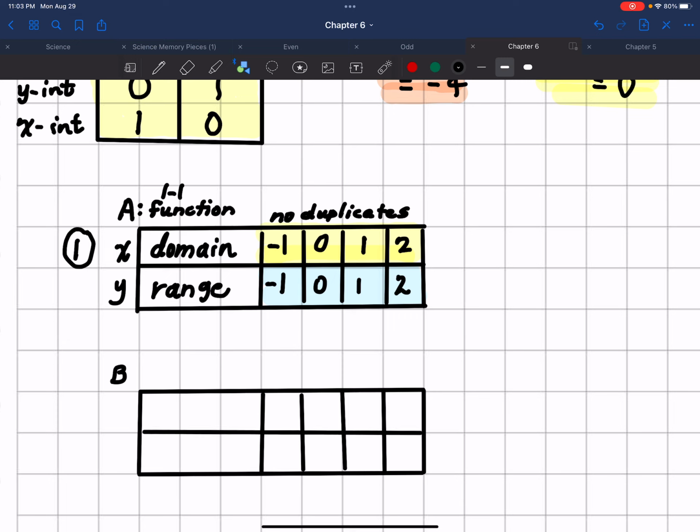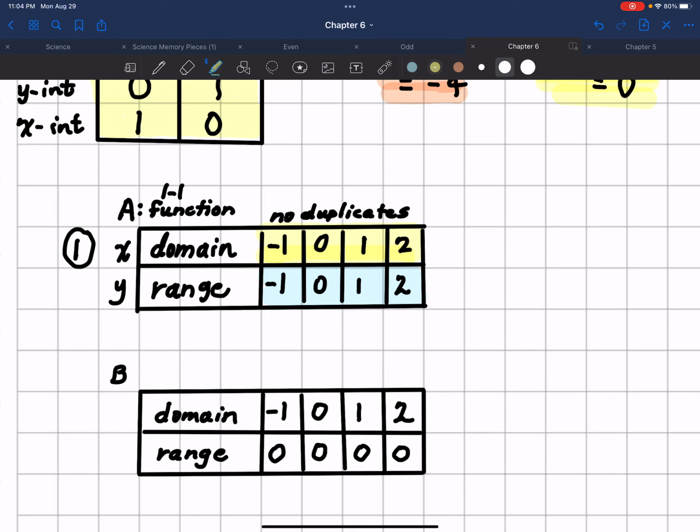So here is domain, which is our X category. And then range is our Y category. And we have -1, 0, 0, 0, 1, 0, and 2, 0.